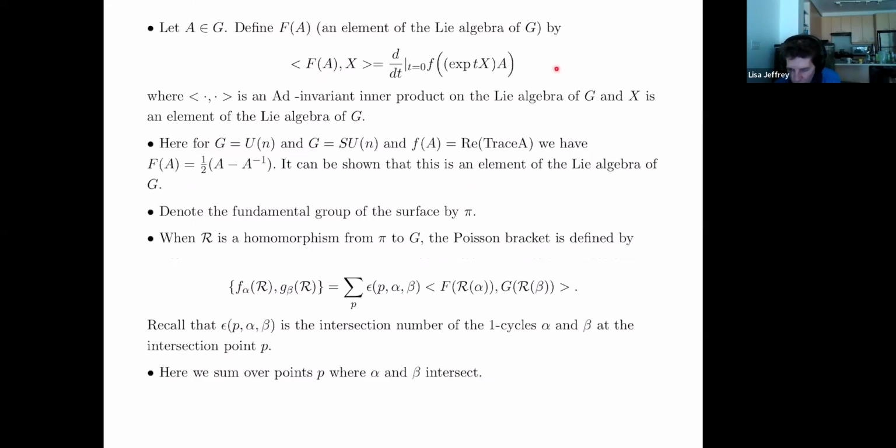This is a notation: the bracket is an adjoint invariant inner product on the Lie algebra. Basically, it's the Killing form. This object was developed by Bill Goldman.